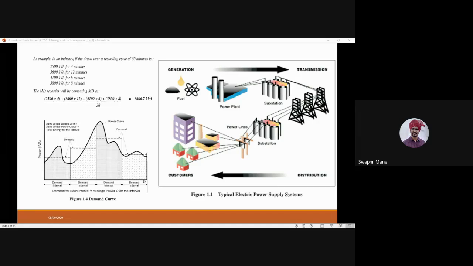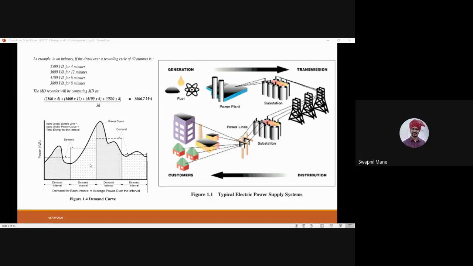If it is for one day, it will be called a daily load curve, for a month a monthly load curve, and a yearly load curve. So this is the power drawn and this is the time. What is the significance of a load curve? It shows me the pattern of consumption. It is possible for you also to form your own load curve.